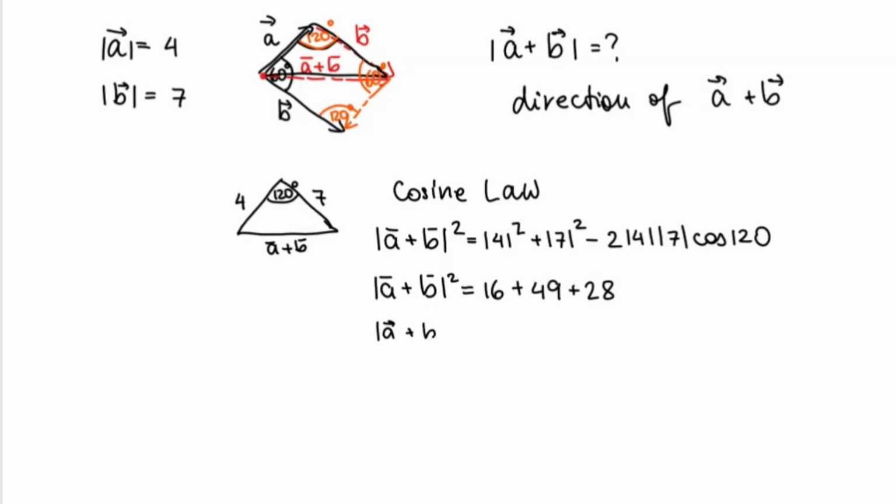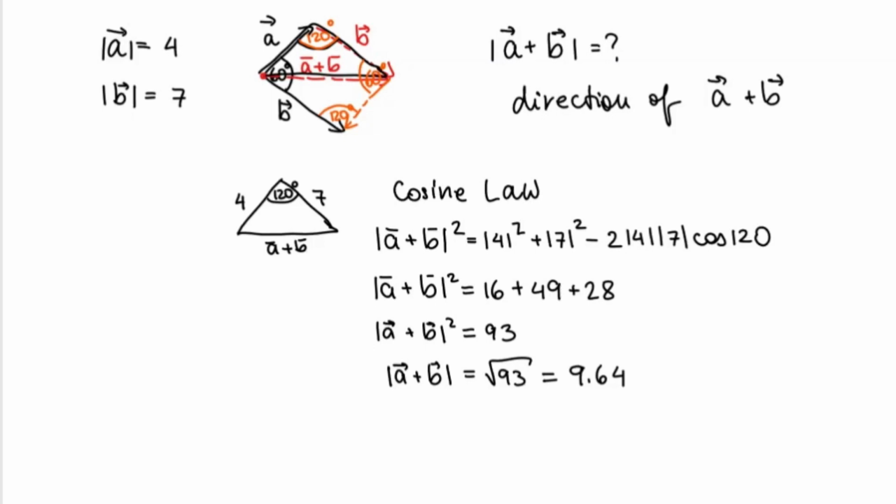A plus B squared is equal to 93. Therefore, A plus B is equal to the square root of 93, which is approximately 9.64 units. So we have determined the magnitude of the side, A plus B.